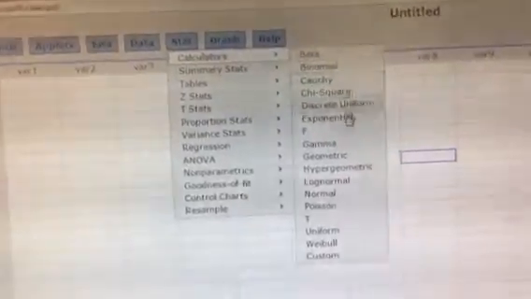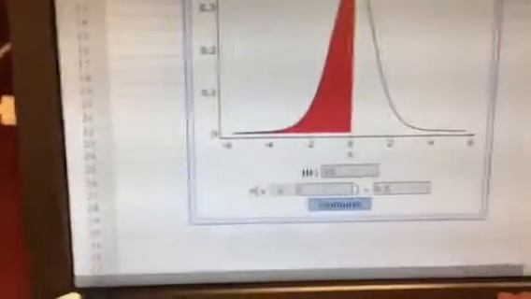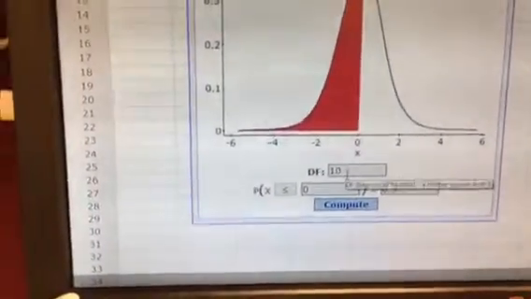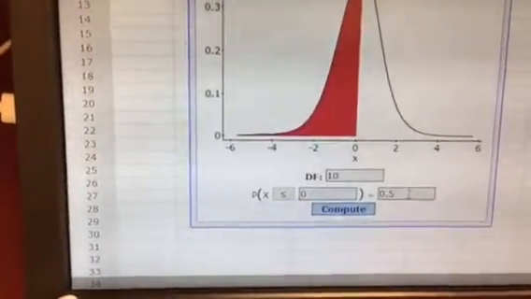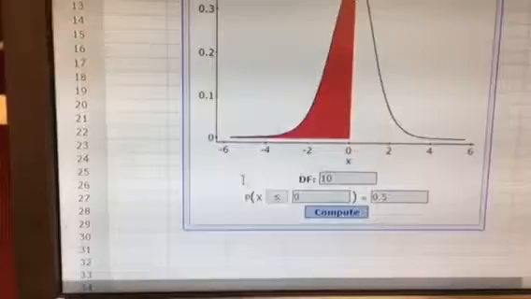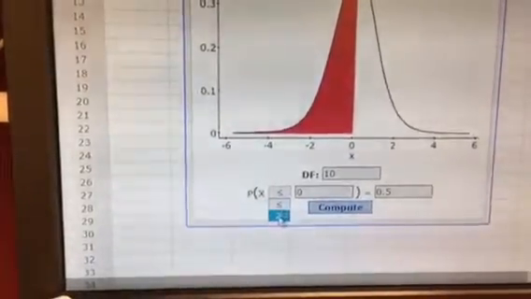So to do this, you will go into StatCrunch, you'll go to calculator, and you will go to T. And let me move this over so we can see it. So our degrees of freedom is 10. Our alpha, it says to do a right tail, so we need to make this greater.